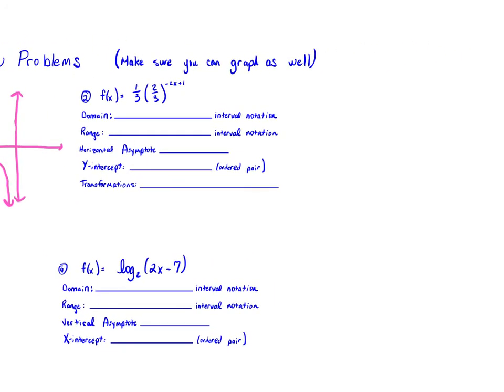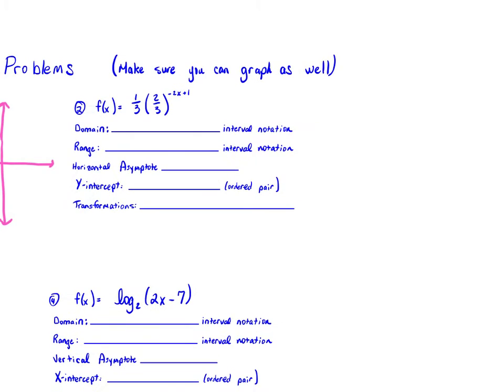All right, let's look at number 2. So again, what's our domain? All real numbers, so -infinity to infinity. What's our range going to be? 1/3 to infinity. Remember, the number that's being added out here tells us what our range and our horizontal asymptote are.